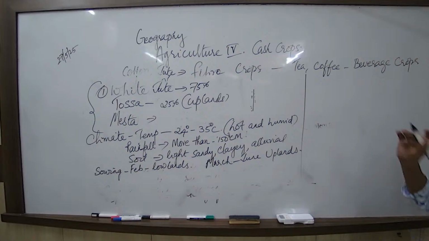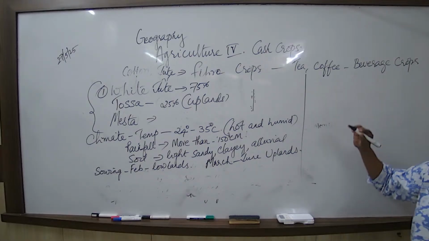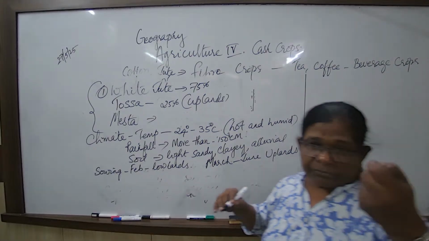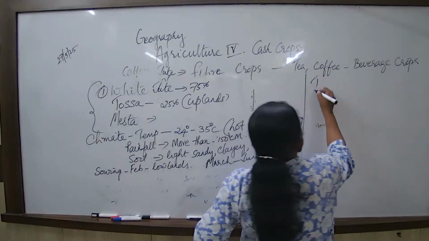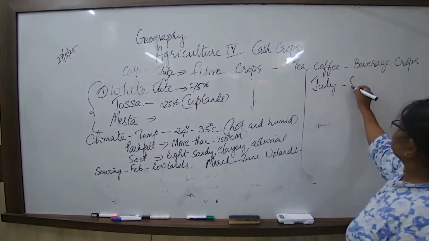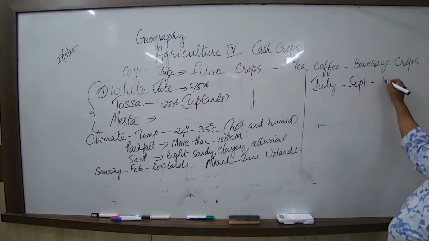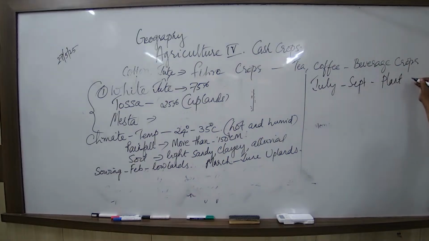But in this crop, the plant is removed fully, in July to September.